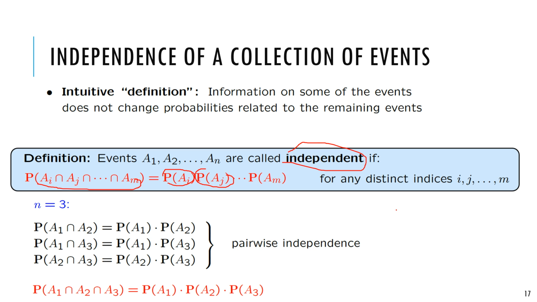For a concrete example, we have three events A1, A2, A3 that are pairwise independent.